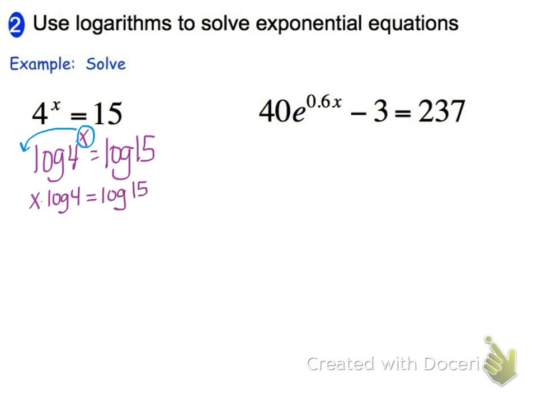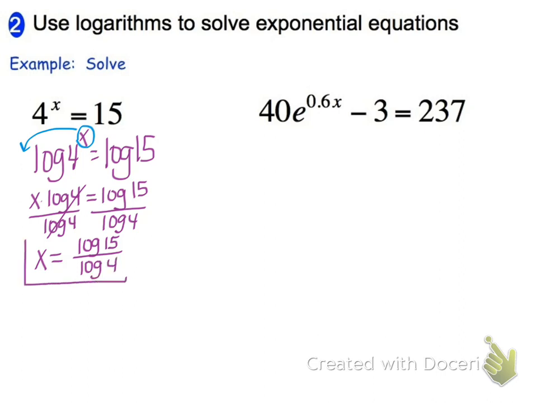Now we can just divide both sides by the log of 4. That gets the x alone. So x equals the log of 15 divided by the log of 4. This would be the exact answer. You could also punch this into your calculator.